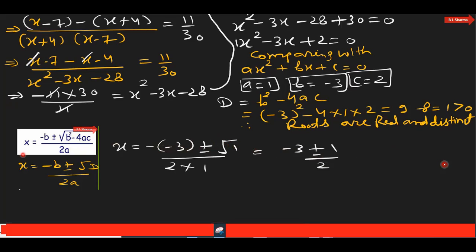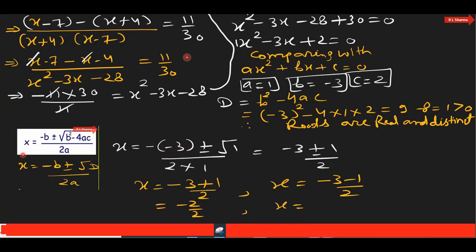So we can write, one time plus, other time minus: x is equal to minus 3 plus 1 upon 2, and x is equal to minus 3 minus 1 upon 2. So x is equal to minus 2 by 2, x is equal to minus 4 by 2.